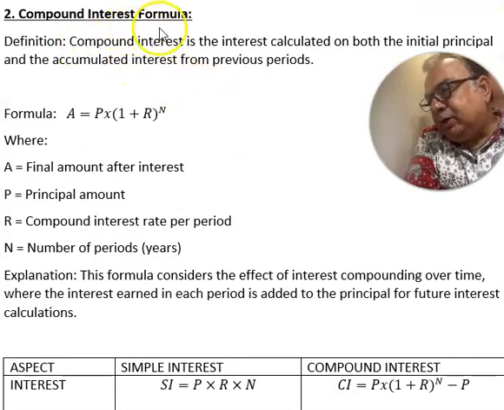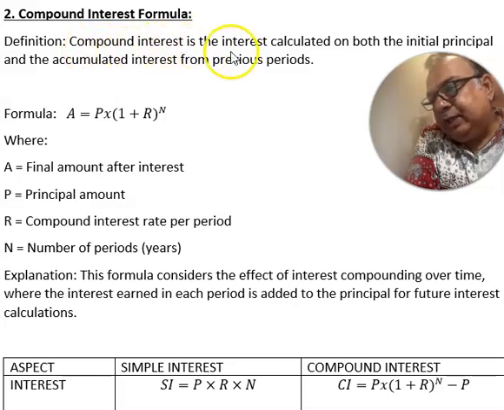Second is compound interest formula. Compound interest is the interest calculated on both the initial principal and the accumulated interest from previous periods.